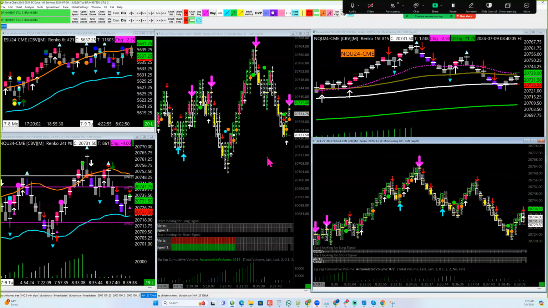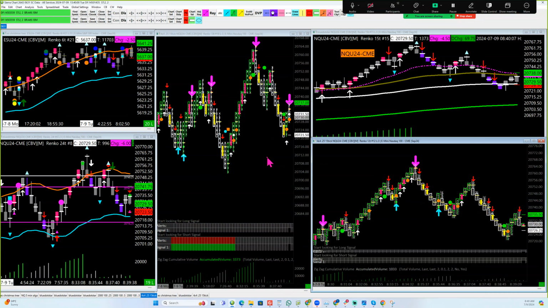But see, on the 24 tick, it's so big that if that second bar printed, excuse me, on the 50 cent, it's so big, if it printed, I would wait for a retrace back down, right?